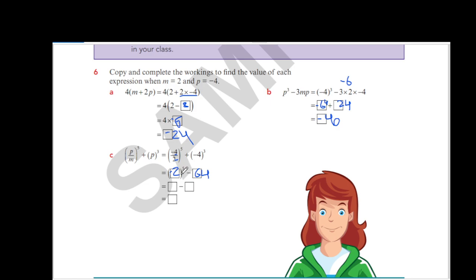So 2 raised to the power 5 will be 32, and it is positive because 2 is positive. So 32 minus 64, our answer will be -32.